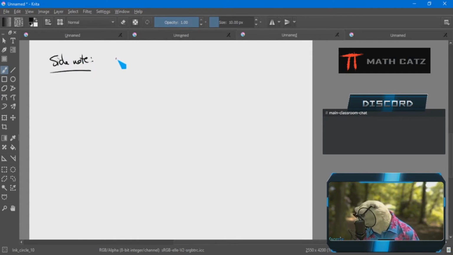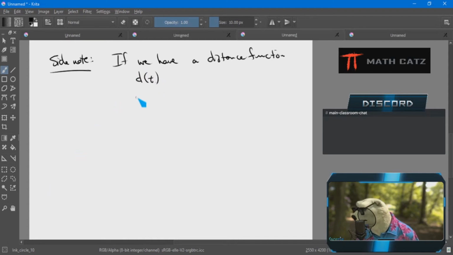If we have a distance function, let's call it d of x, not x, distance over time, right? A time-distance function.